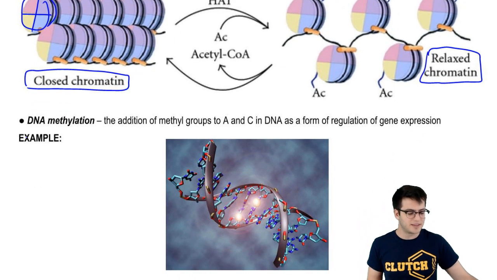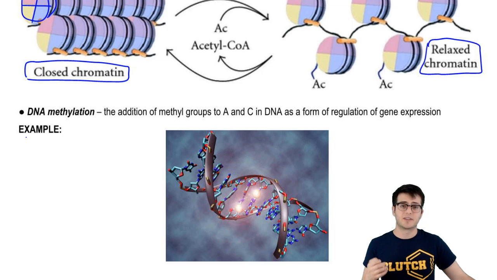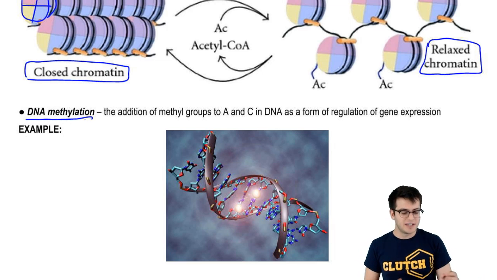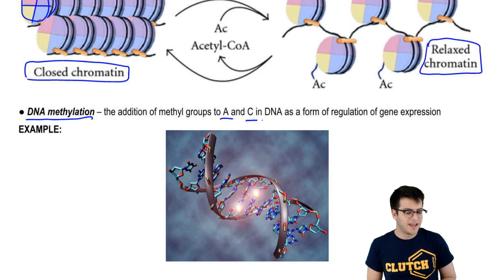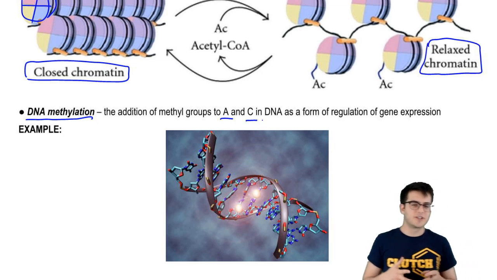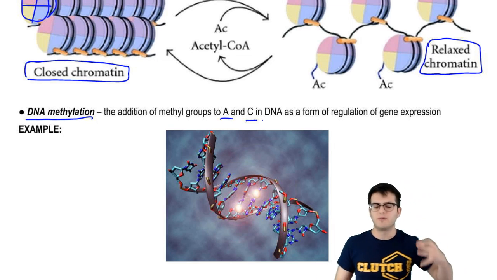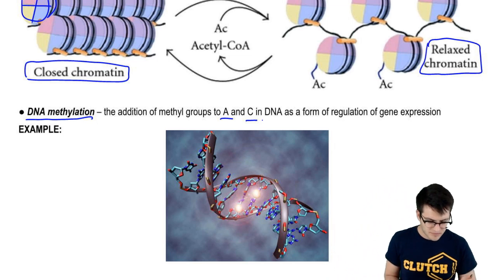Now, another way that we can regulate gene expression at the structural level of DNA is with DNA methylation, which is the addition of methyl groups to adenines and cytosines in DNA. And this essentially serves to regulate gene expression, much like we saw with the histone acetylation, deacetylation.